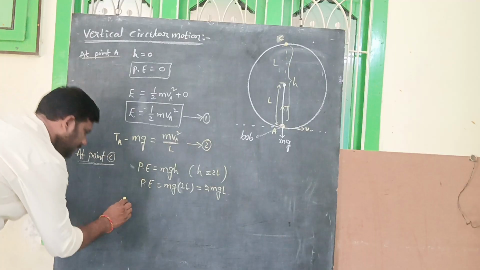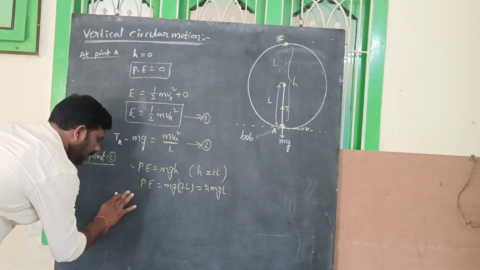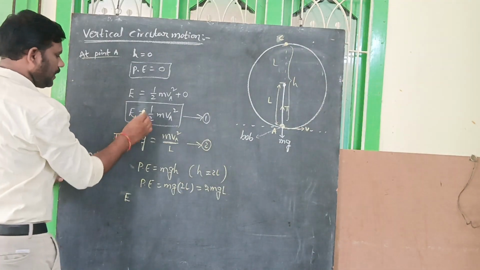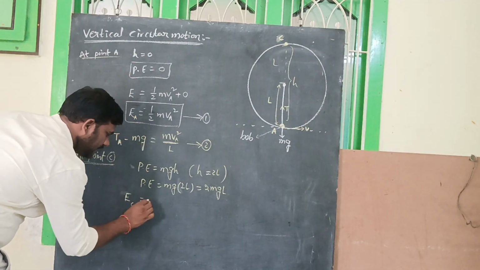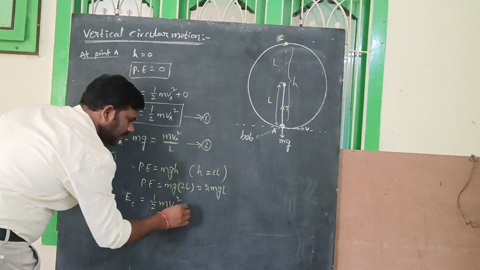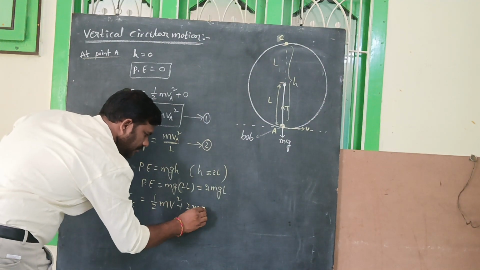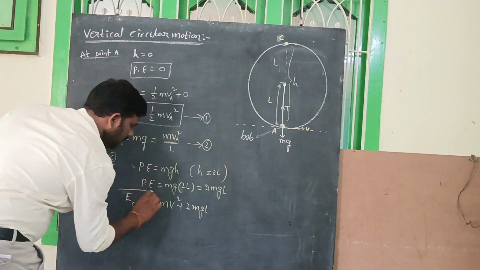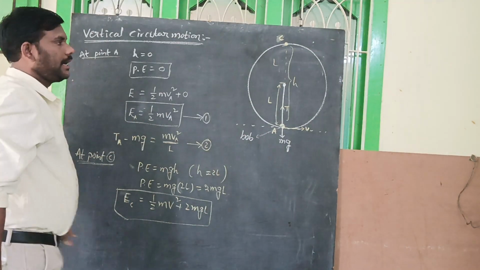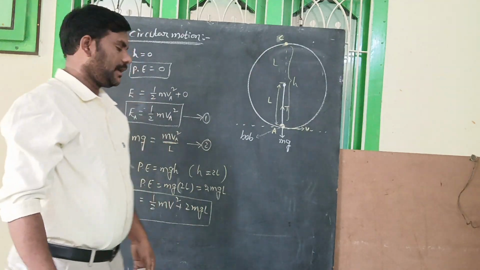The total energy at the highest point C is the kinetic energy half m v square plus the potential energy 2mgL.